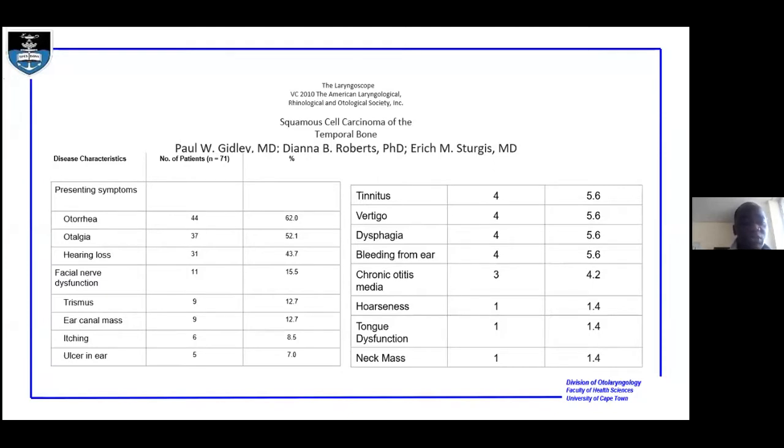In addition, there was also a facial nerve dysfunction in about 15%. There was trismus, an ear canal mass, itching of the ear, ulcer in the ear, and the tinnitus, vertigo, dysphagia, bleeding from the ear, a history of chronic otitis media, and also hoarseness, a tongue dysfunction due to hypoglossal nerve involvement, and also a neck mass.